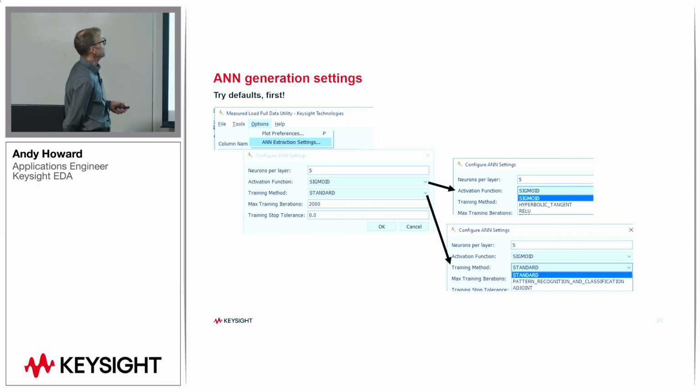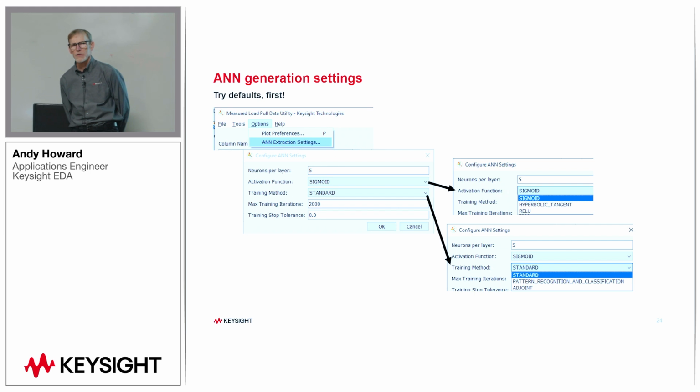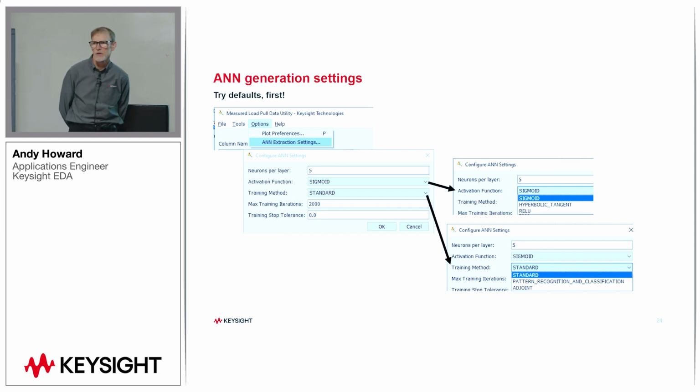I haven't had to do any of this yet, but I haven't worked with that many measured load pull data files, so I think it's probably going to be okay most of the time to just use the default values, but I'm not convinced of that. There may be cases where you need to adjust the ANN settings, and the user interface does allow you to do that.